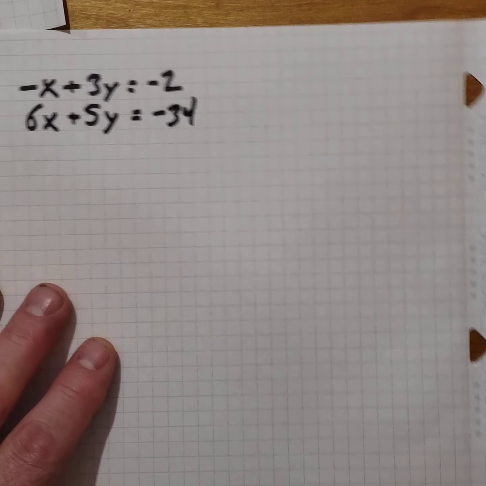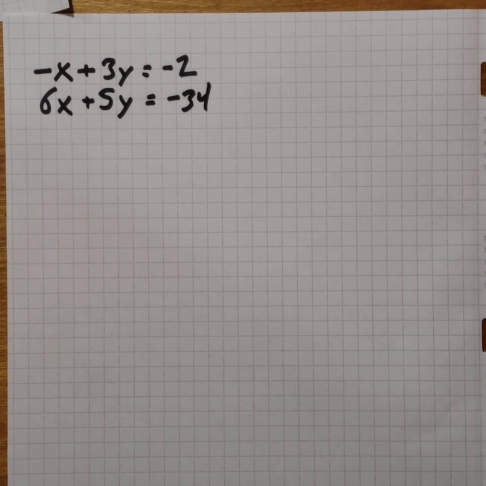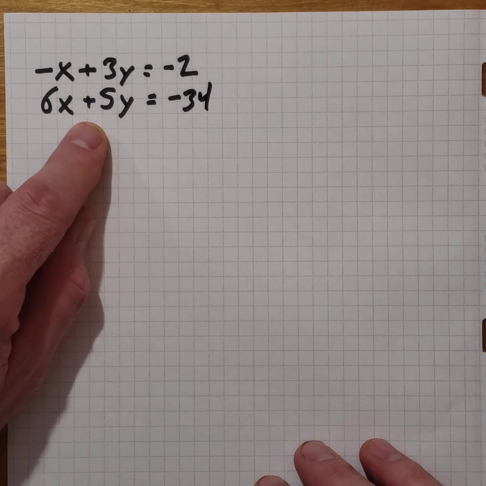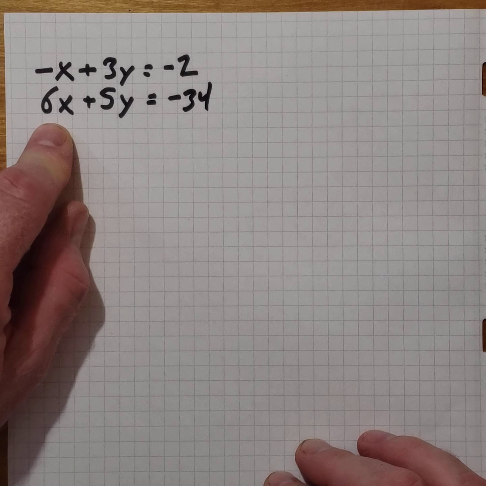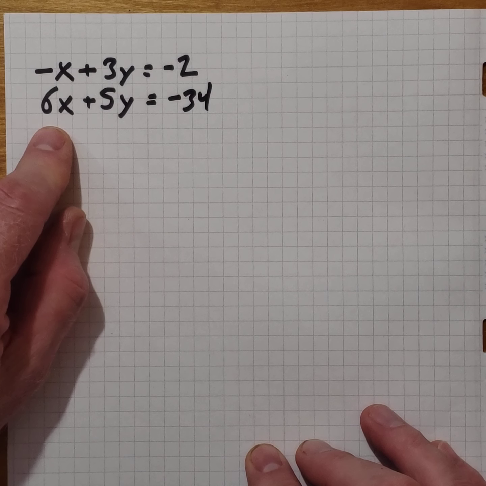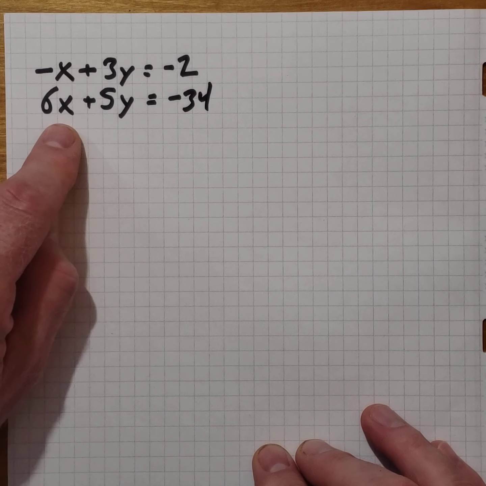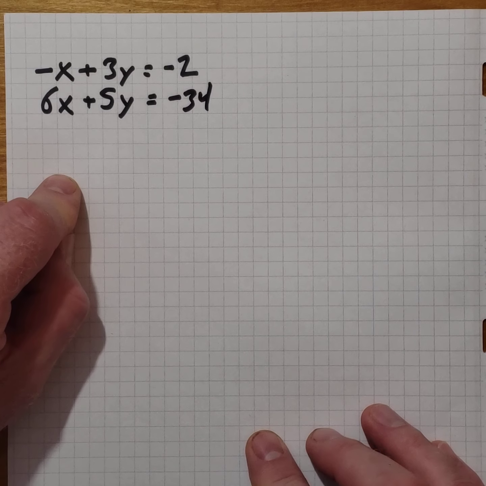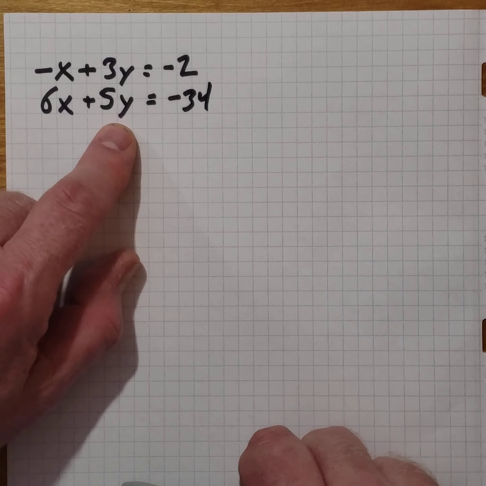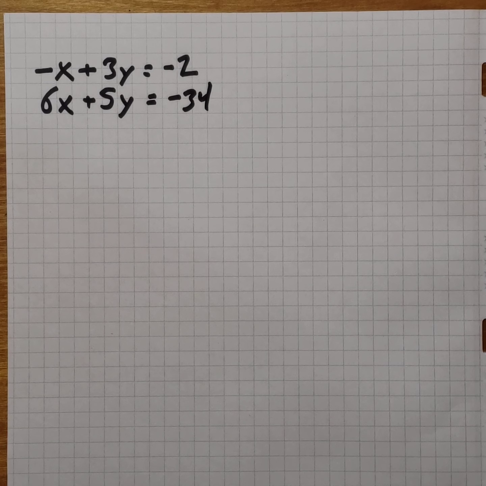This is our worst case scenario for solving by elimination, and that's where we don't have, well, I chose poorly. That's okay. Let's try to eliminate the y's. We could eliminate the x's if we wanted to by multiplying the top equation by 6 and then adding them together, but I don't want to do it that way. I want to eliminate the y's just to illustrate something.